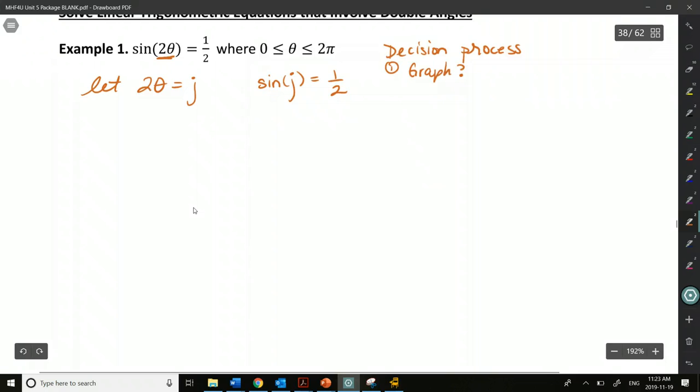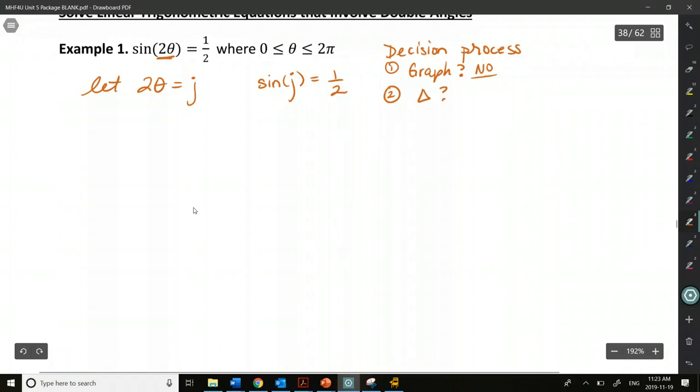We did kind of use a graph to solve it above, but typically, do we know where sine is equal to a half off by heart on the graph? Probably not, right? So we said we can use a graph when you have the graph already graphed out for you. So typically, we probably won't know where that is, so we'd probably go no on that one.